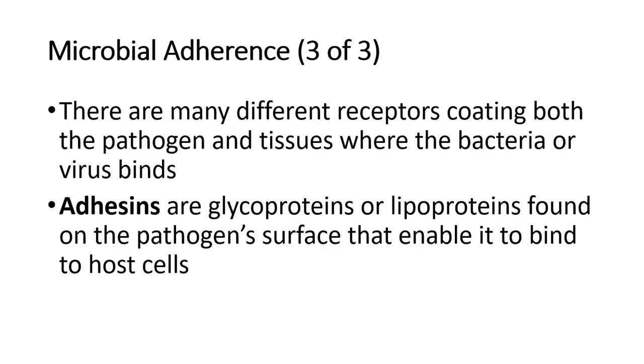So these organisms have a lot of different receptors coating them that allow them to attach. The tissues also have receptors. And this is where the bacteria or virus binds. These are just proteins or glycoproteins sticking up on the outside of these organisms, or they may have pili.